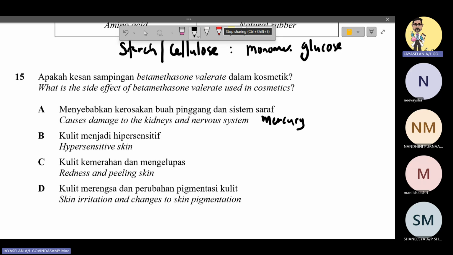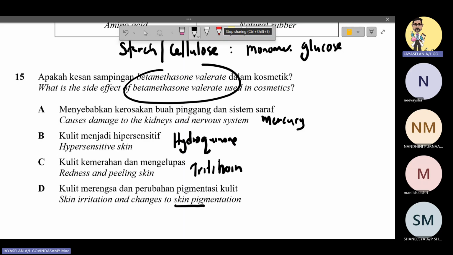Peeling and redness. Look at the module, what did I put? Tretinoin, T-R-E-T-I-N-O-I-N: skin irritation, changes in skin pigmentation. When your skin becomes hypersensitive under UV rays, this is called hydroquinone. Hydroquinone: skin irritation, skin pigmentation. Betamethasone valerate, so answer D.